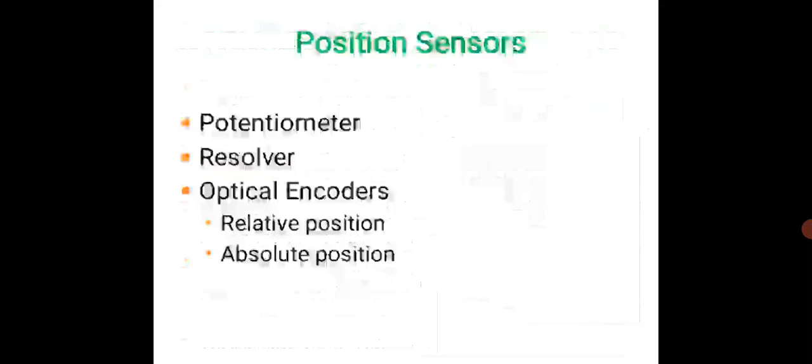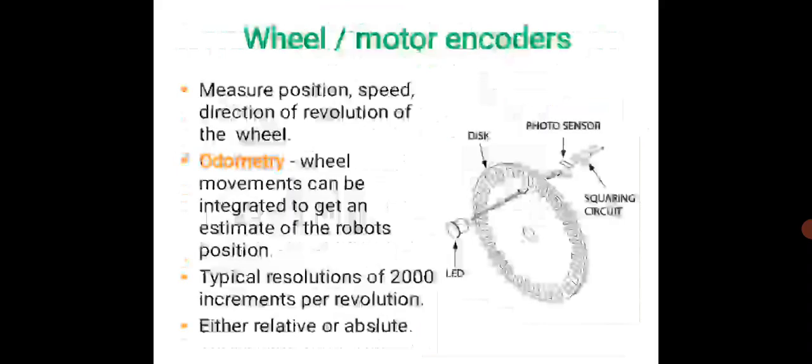Position sensors. Position can be detected in three ways, or three sensors can be used: potentiometer, which we have seen already, resolver, and optical encoders. The optical encoders will detect either a relative position or an absolute position. Here these are wheel or motor encoders, which measure the position, speed, and direction of revolution of the wheel.